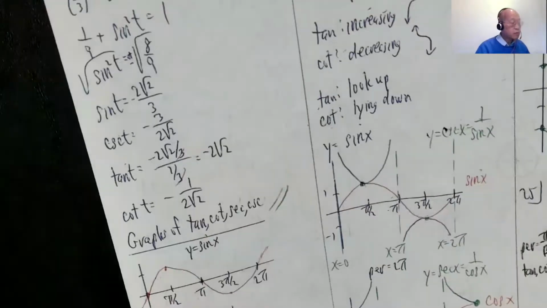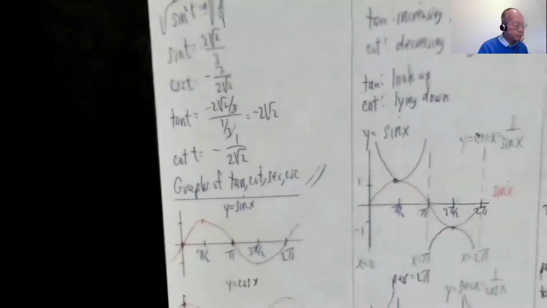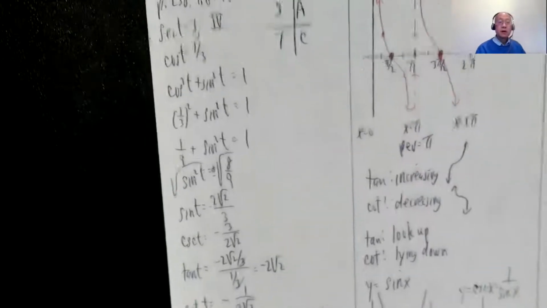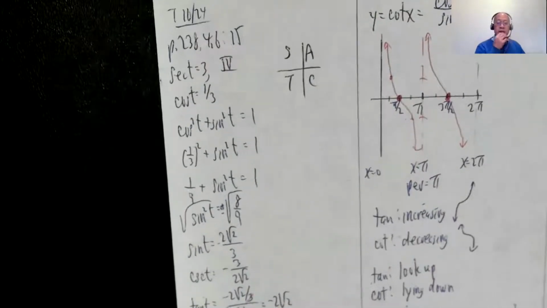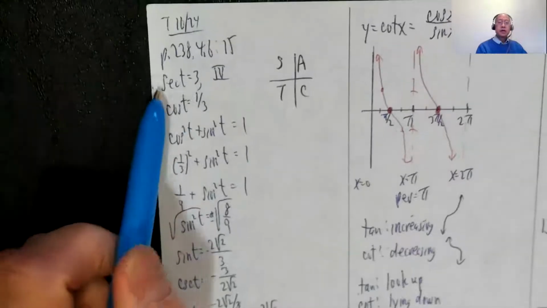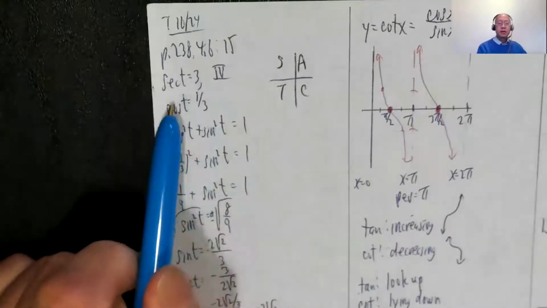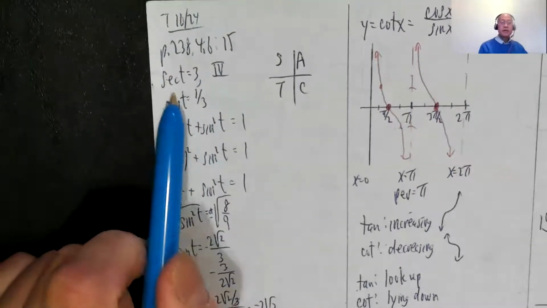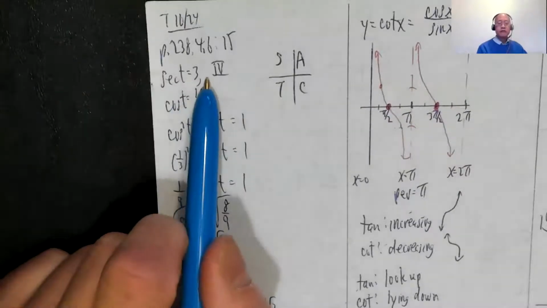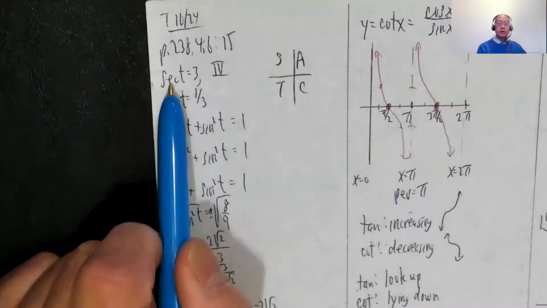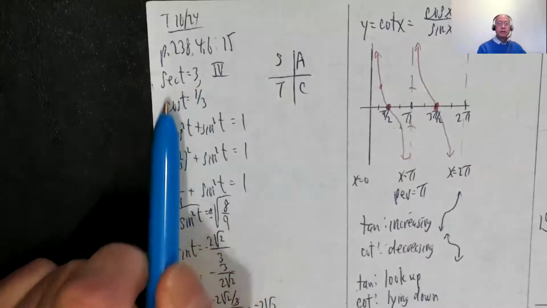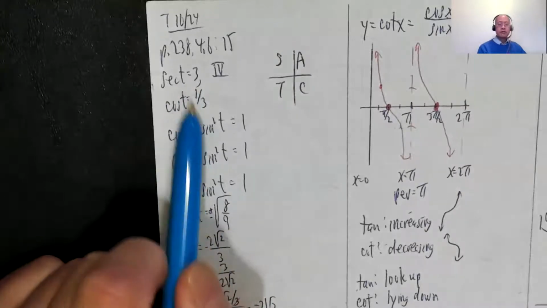Okay, so getting back to where we were last time. Let me go back over this one. Again, 4.6, number 15. They tell me secant of t is 3. I'm in quadrant 4. So if the secant is 3, the reciprocal cosine is 1/3. Just flip it.